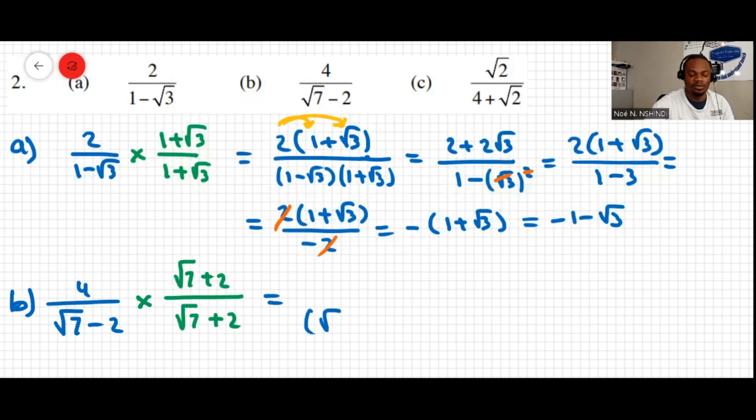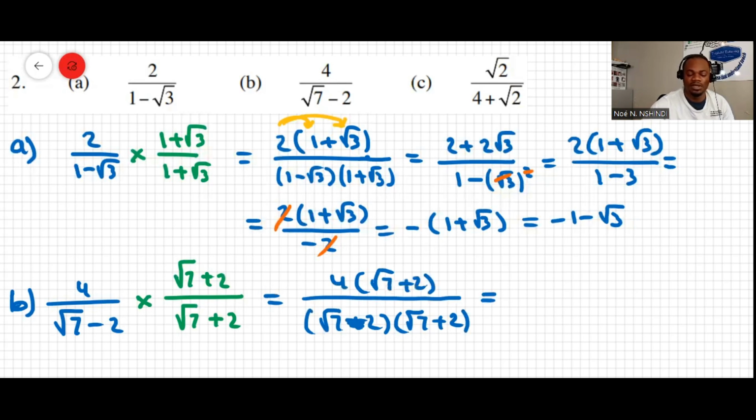Root 7 minus 2 times root 7 plus 2, under 4 open bracket root 7 plus 2. At the denominator it will be a difference of 2 squares. So that makes 7 minus 4 under 4 open bracket root 7 plus 2. Okay, and then that makes root 7 plus 2 over 3.